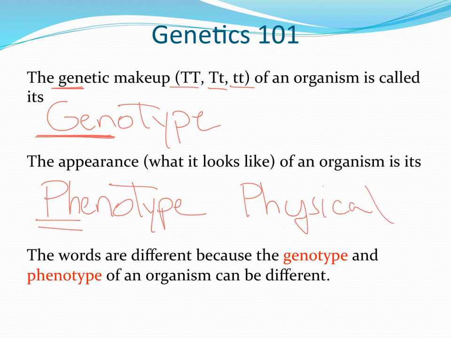And so think of your physical features, your body size, your hair, your eyes, eye color, etc. Those are all the expression of the genotype, and that's what your appearance is. It's the physical features that you have. And so the words are different because the genotype and the phenotype of an organism can be different.